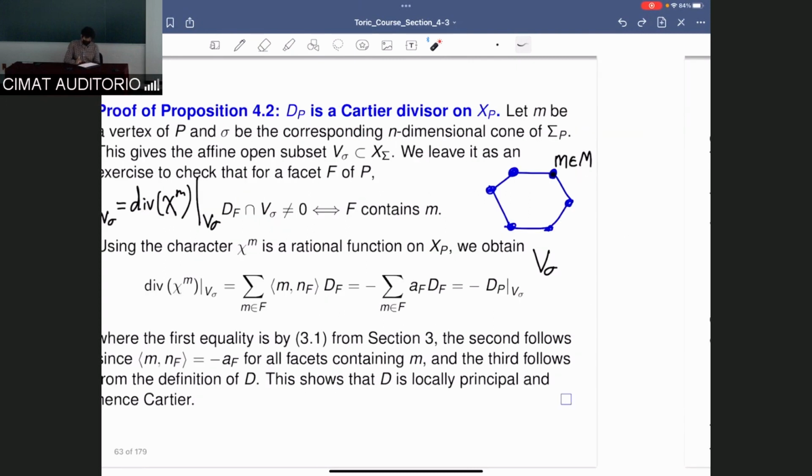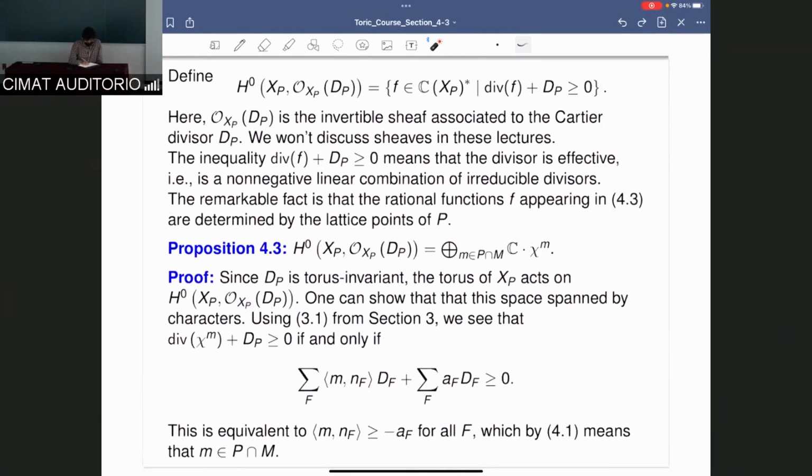Very good. So now, again, why do we care about these things? We will see in a second what these divisors give us. People define this object that is a vector space called the global sections of your divisor. It is the functions that essentially have poles and zeros bounded by the divisor. It's the non-zero rational functions f such that when I do div of your rational function and I add this divisor, I get no poles at all.